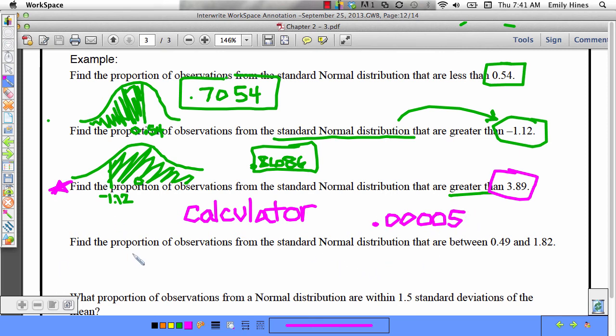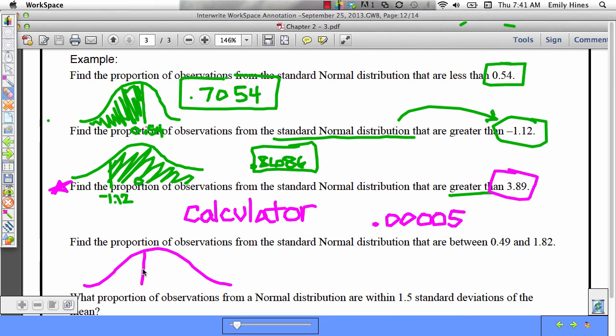So, find the proportion of observations from the standard normal distribution that are between 0.49 and 1.82. Okay, this one is a little different because I'm finding between two. So we'll say that 0 is in the middle here.